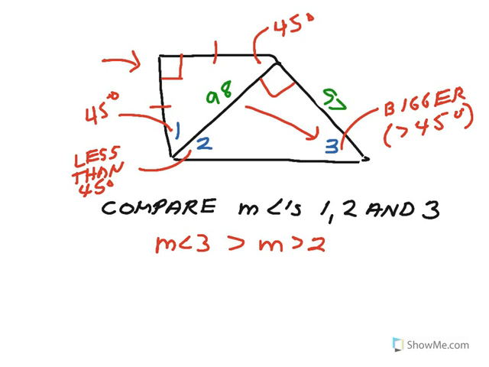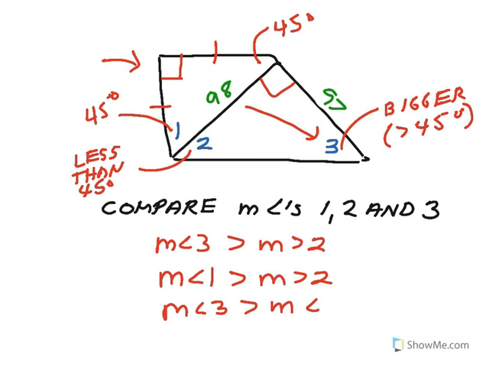Because it's 45 degrees, and angle 2 has to be less than 45 degrees. So I know now that angle 1 is greater than the measure of angle 2. I also now know that the measure of angle 3, which we know is bigger than a 45-degree angle, is greater than the measure of angle 1.